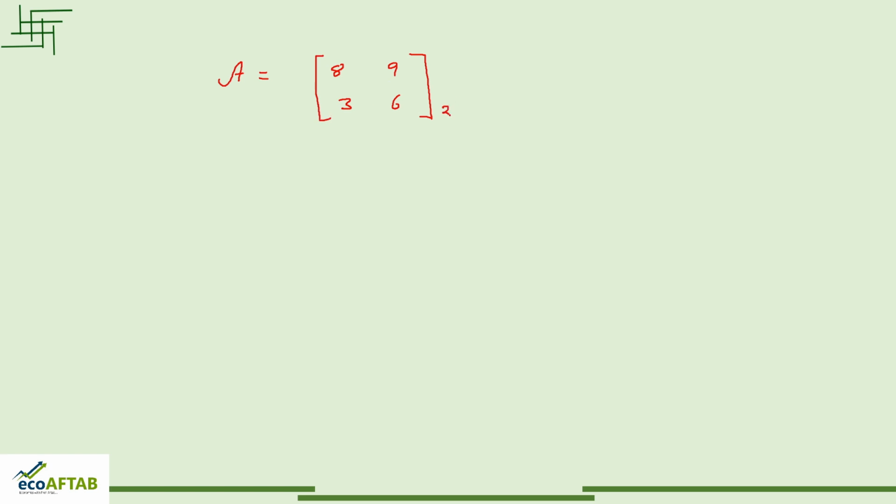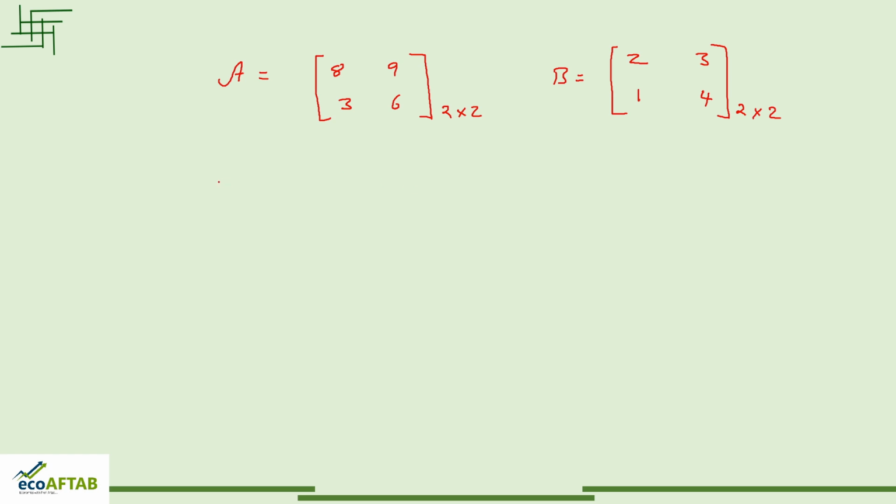The dimension is 2 by 2. Similarly, B is equal to, let me say, 2, 3, 1, 4. So these are the two matrices and both of these matrices have the same dimension.